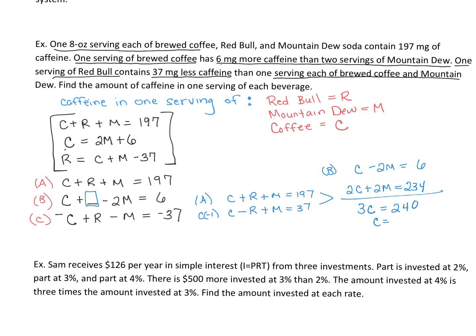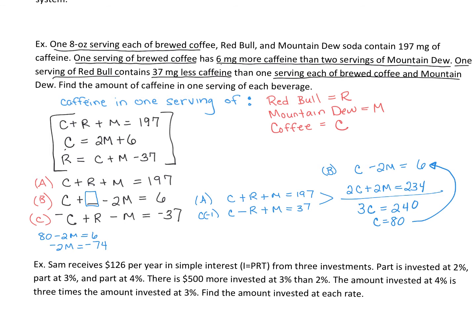So C equals 80. So I now know how many milligrams of caffeine are in one serving of the coffee. I'm going to plug it in here to find the Mountain Dew. So that will give me 80 minus 2M equals 6. So minus 2M equals minus 74.